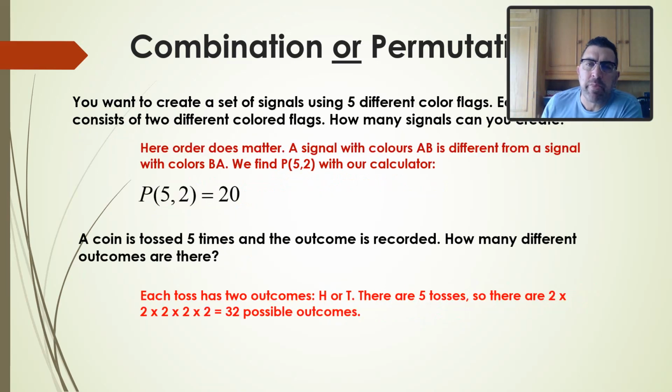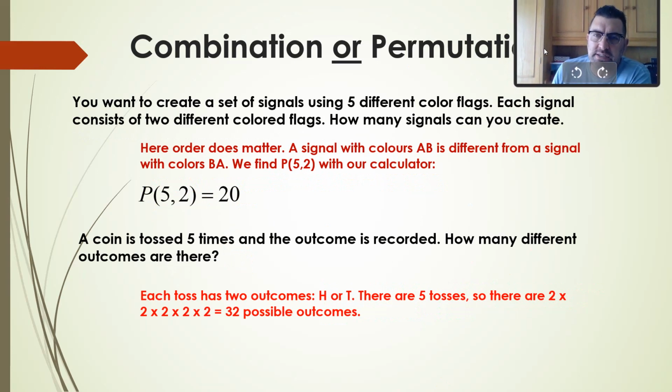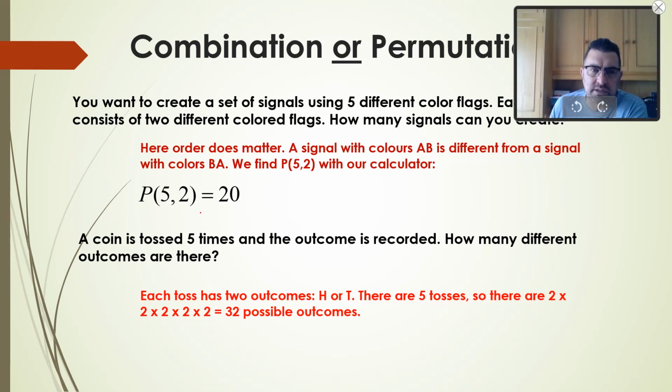Okay. The next one, permutation or combination. Let's see. You want to create a set of signals using 5 different colors. Each signal consists of 2 different colored flags. How many signals can you create? Now here again, the order is important.